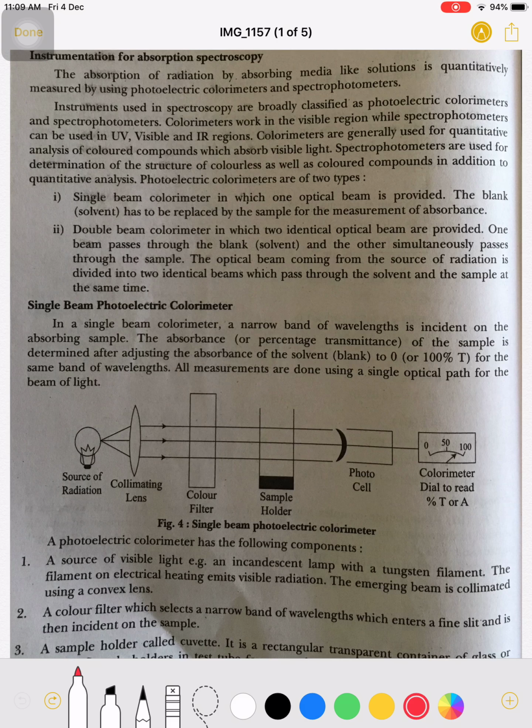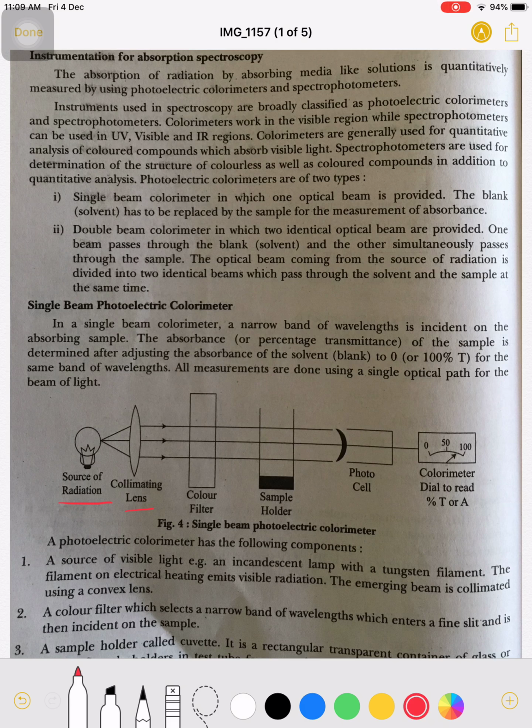So now we will go ahead. The next point is the single beam photoelectric colorimeter. We have just seen that in a single beam colorimeter only one optical beam is used. Now see this figure here. We are using a source of radiation.